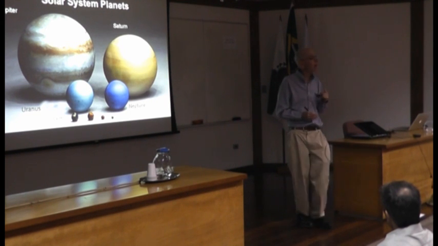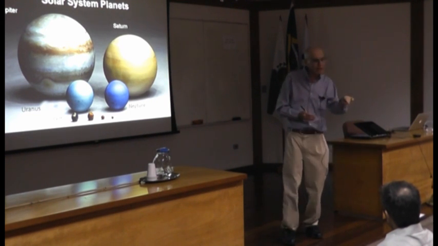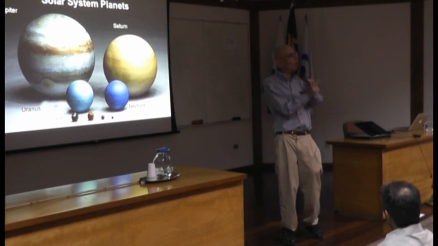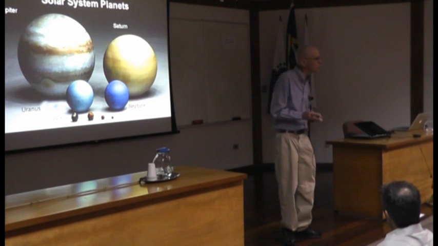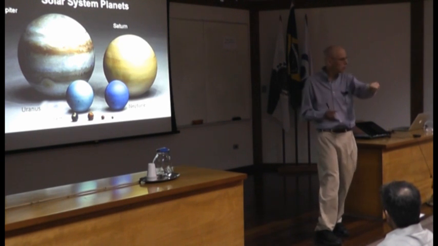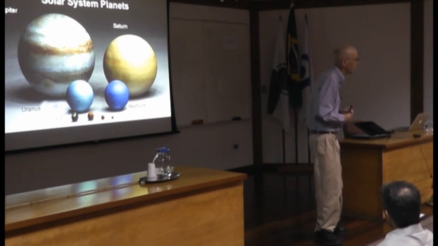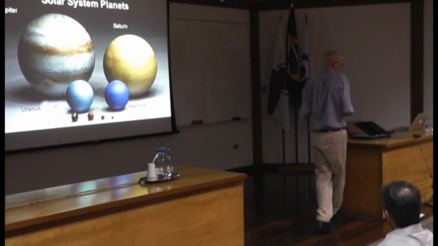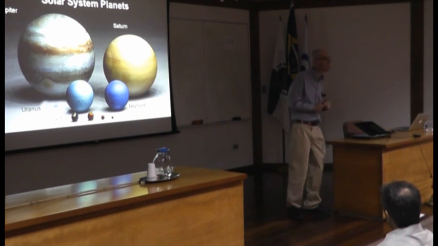And we have that from gravitational data on the orbits of the moons and of the Voyager 2 spacecraft, which went by each of these planets in the latter part of the 1980s.